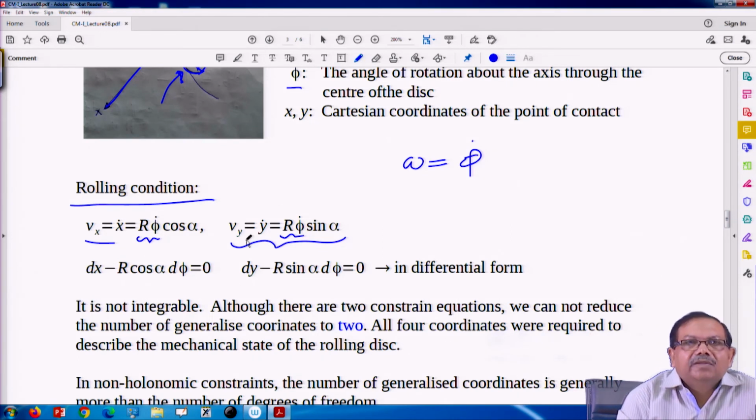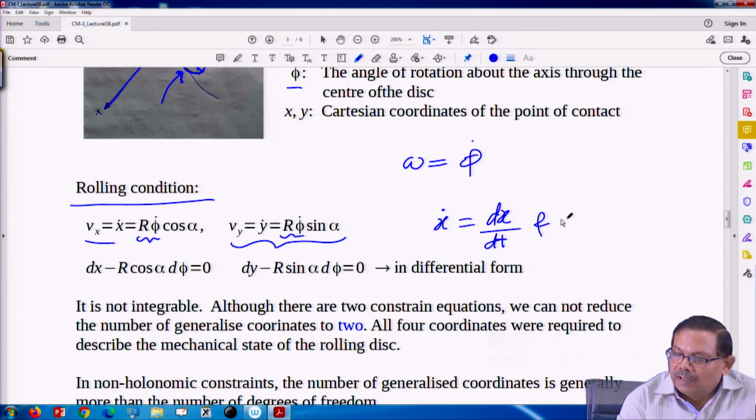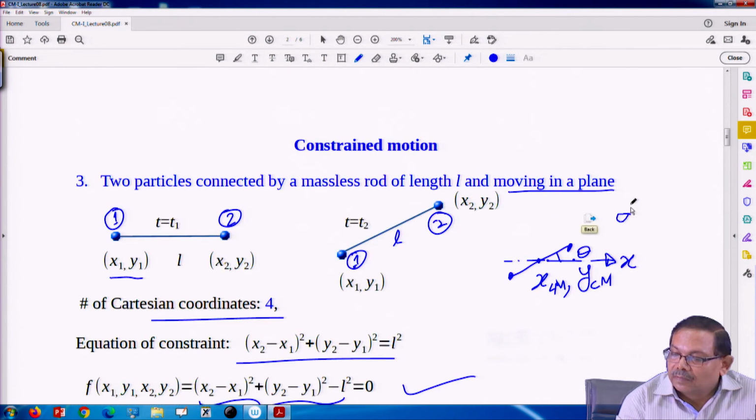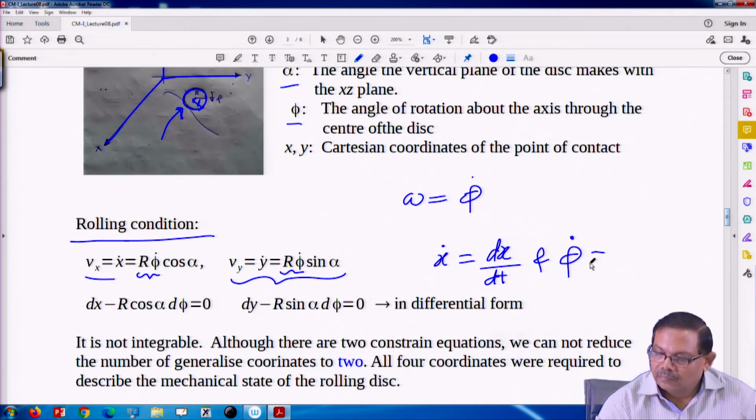So, I can write this in terms of a differential condition. So, x dot is dx dt and phi dot is d phi dt.